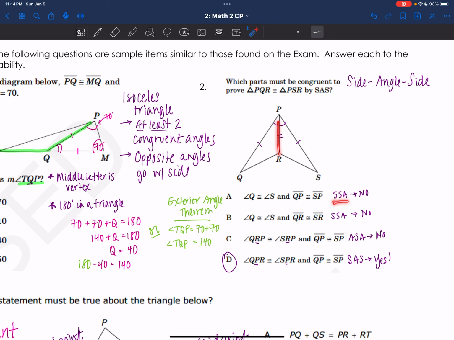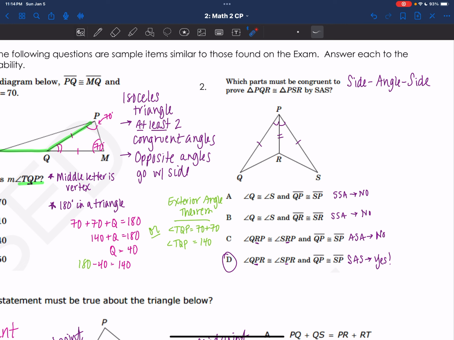So that's not what we want. All right, here's QS, and then QR, and then SR, and this again is reflexive. So here we've got side, side, and we got an angle, so that's a no.